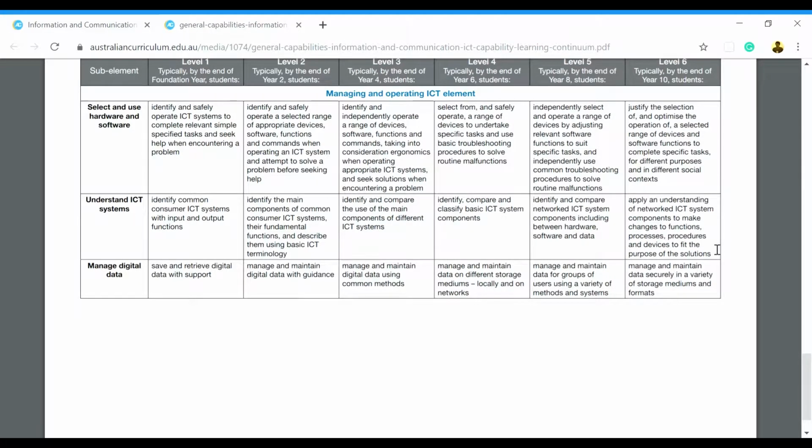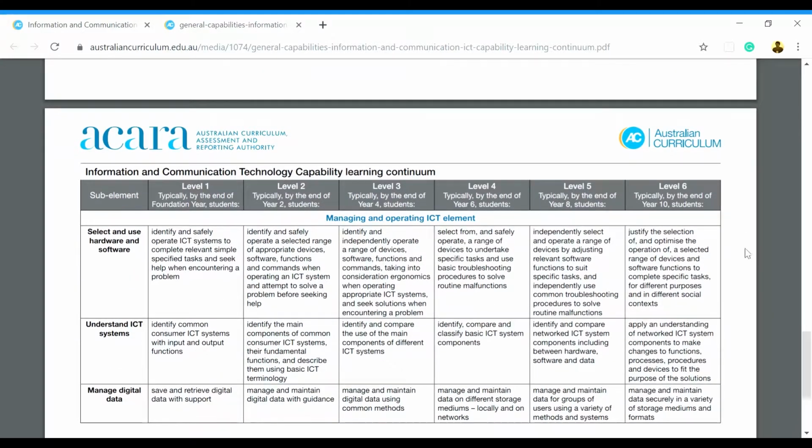So, that very briefly covers what this task will be looking at in relation to the ICT learning continuum and the level that they will be meeting. To further understand this, please refer to the ICT rubric that is attached to the bottom of this page.